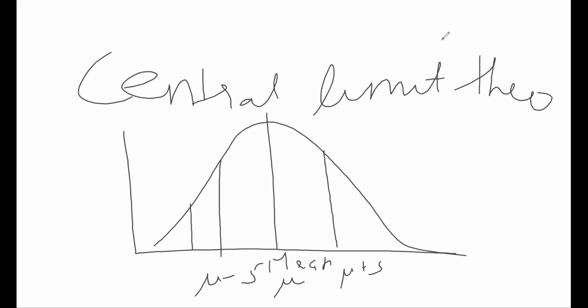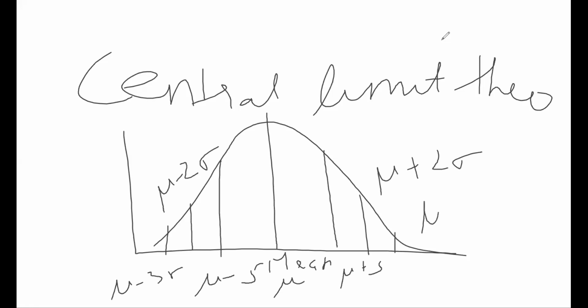Then another term comes: mu minus 2 times standard deviation, and mu plus 2 times standard deviation. This is mu minus 3 times standard deviation, and this is mu plus 3 times standard deviation.